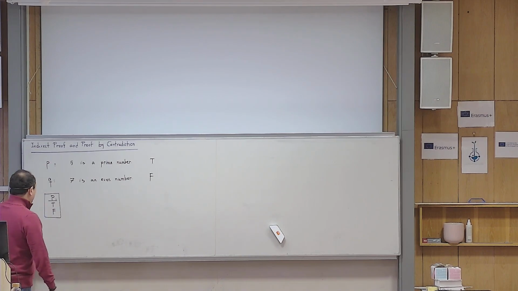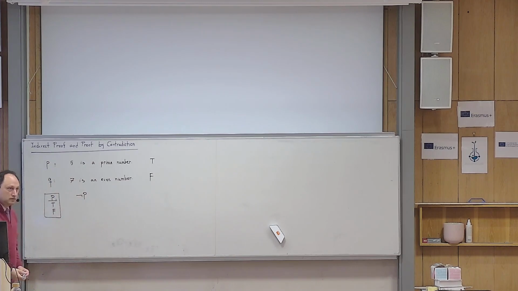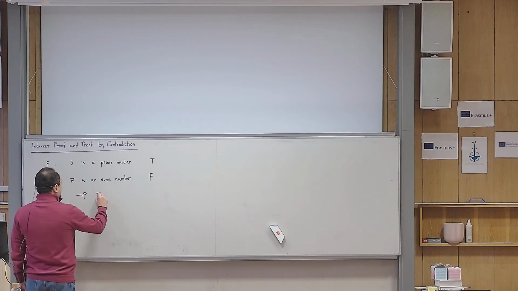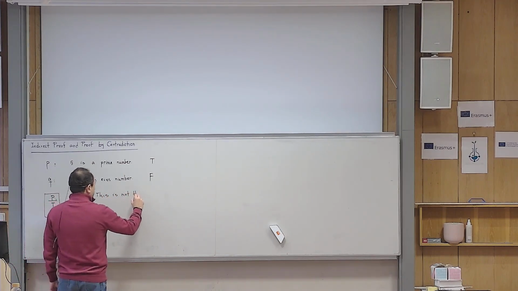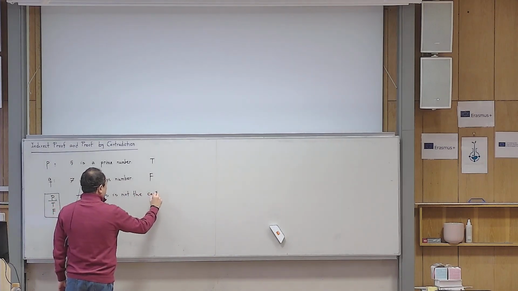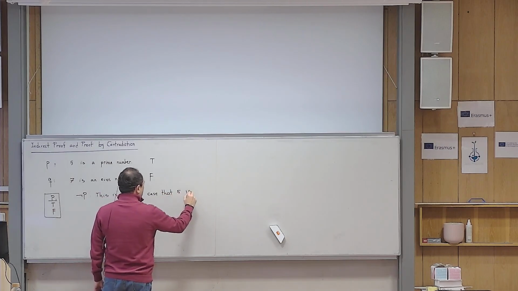There is something called the negation of a statement, and you denote it by this symbol, and you read it as not P. So for example, when I say what is the negation of P, you would say: it is not the case that 5 is a prime number.